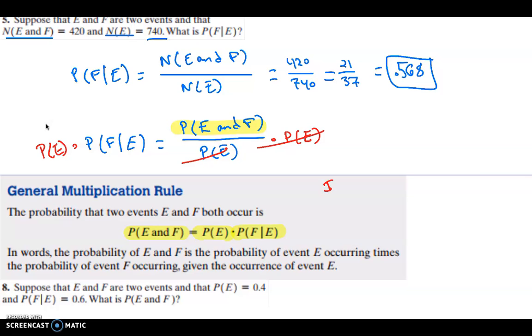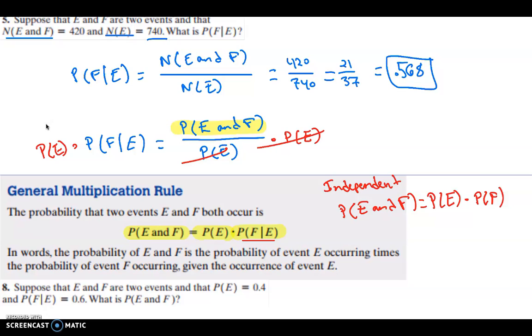So just as a note, when things were independent, the probability of E and F is the probability of E times the probability of F. However, here we can see the only difference is that the probability of F is now the probability of F given E. That's our general multiplication rule, because it's possible that things are not independent.